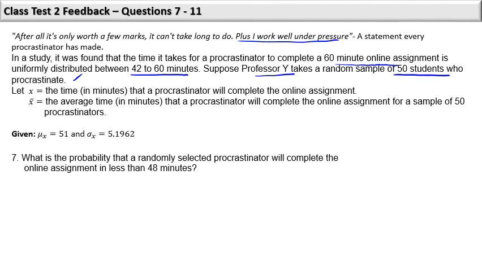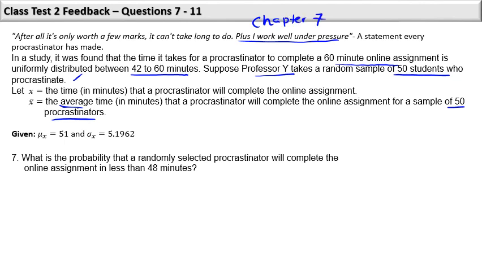We define X as the time in minutes that a procrastinator will take, and X bar as the average time in minutes that a procrastinator will take to complete an online assignment for a random sample of 50 procrastinators.